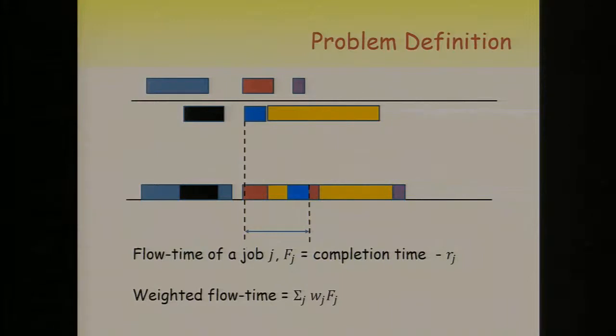So it's the difference between the time at which it finishes minus the time at which it arrives. This is called the flow time of a job. And all you want to do is minimize the total weighted flow time. So jobs which have higher weight should spend a smaller amount of time in the system.